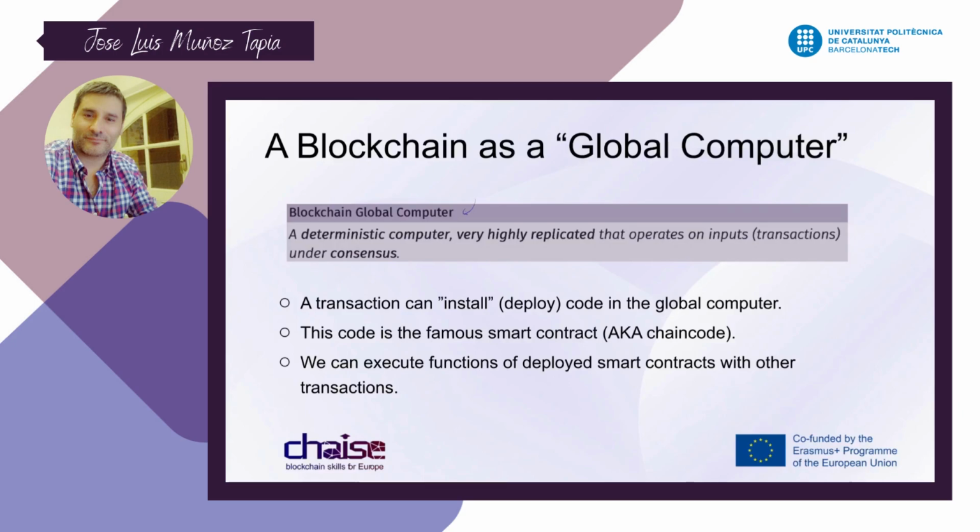And as you can do in a computer, in blockchains that see the state as the state of a global computer, you can also install a program. Typically, we say deploy. The code of the programs that we deploy here is what we call smart contracts, and essentially these smart contracts define how transactions are processed.